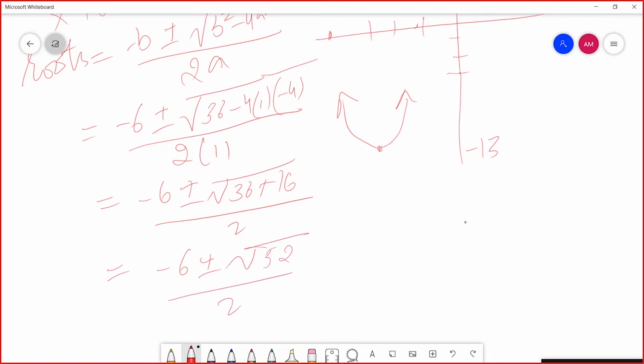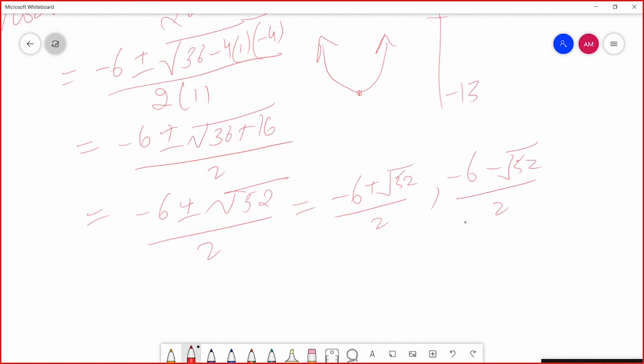Use your calculator to find the square root of 52. This becomes two equations: minus 6 plus root 52 divided by 2, and minus 6 minus root 52 divided by 2.